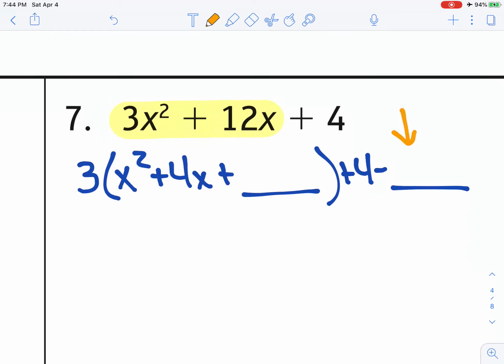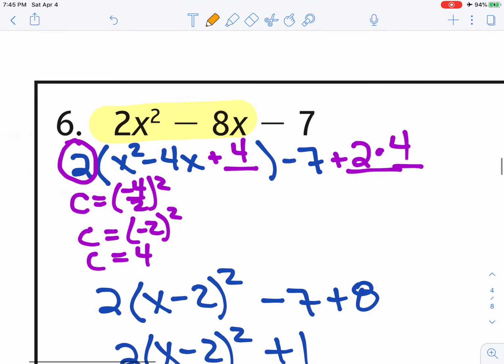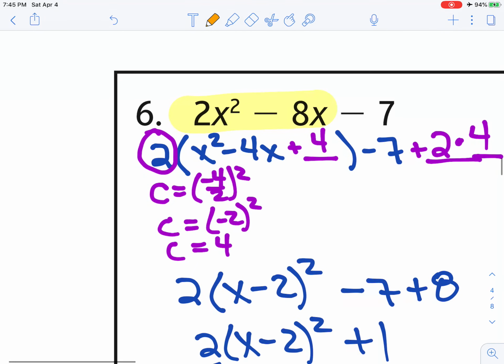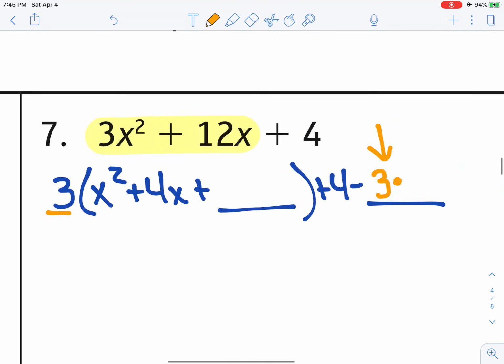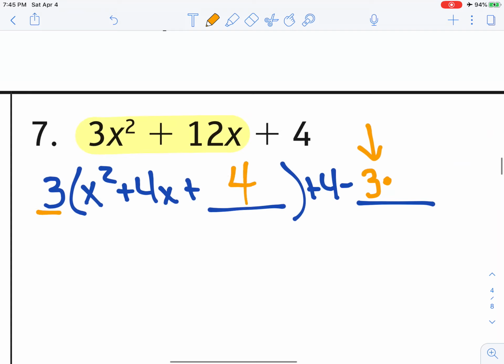What number am I going to put right there? If you guessed 3, you're correct. Because this 3 right here, I have to have that 3 over there. So hopefully you notice that it's basically the same thing here, that this gets a 4. So I get a 4.